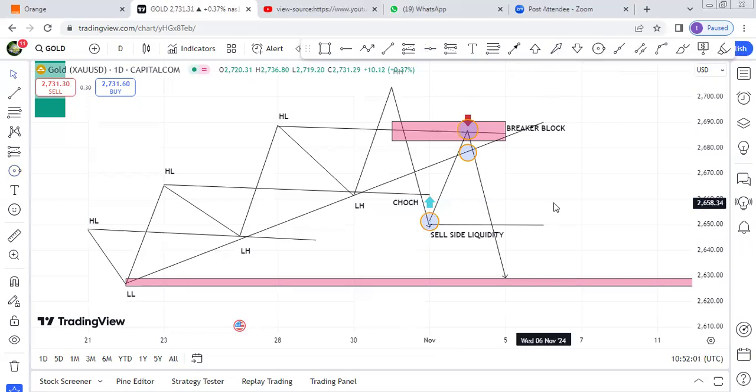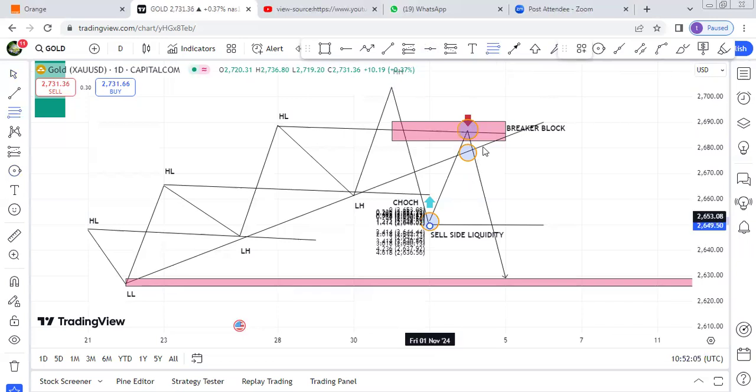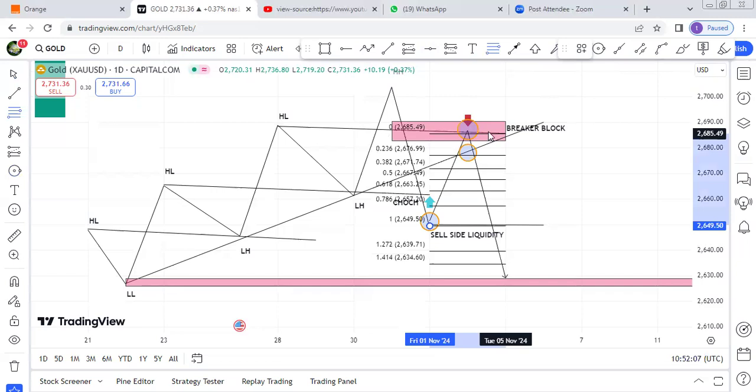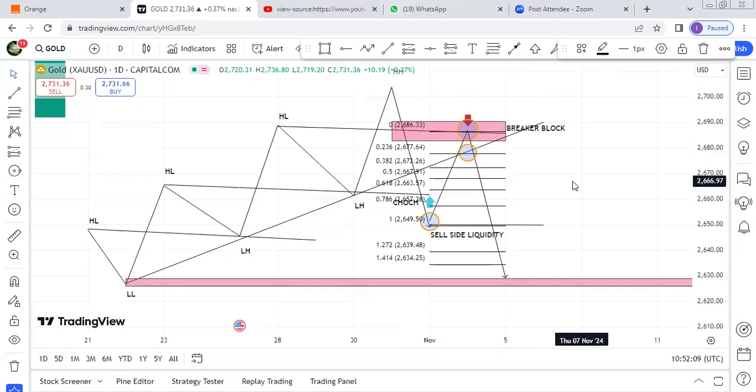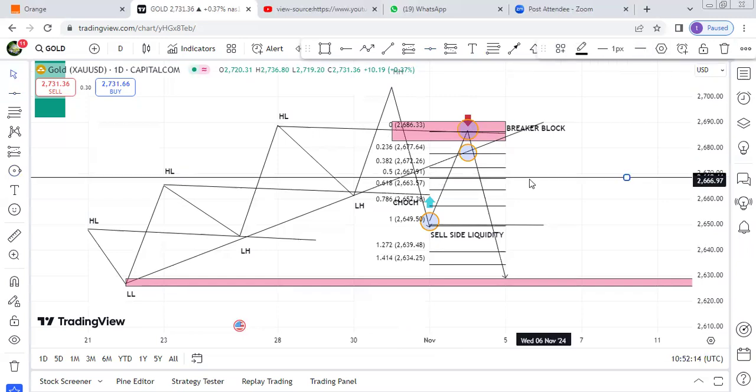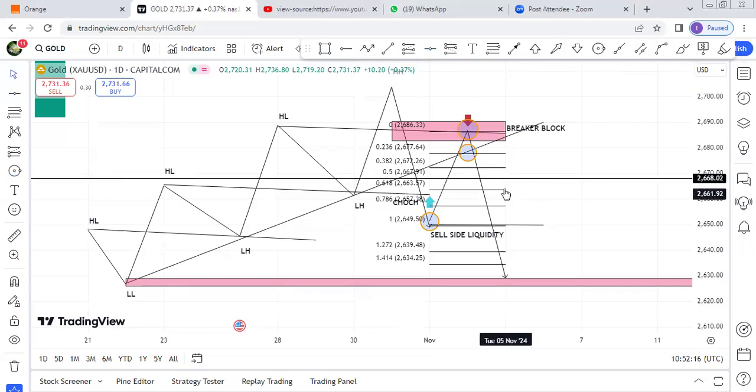In most cases, a lot of people want to analyze this high and that low with the Fibonacci retracement, and they look at the 50%, which is this level. All right, they are interested in the 50%.